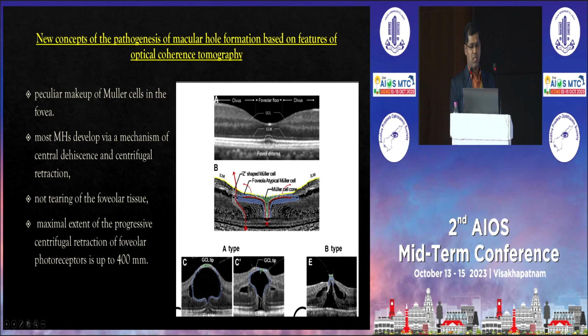The newer concept by SD-OCT tomography: there is a peculiar makeup of Muller cells in the center of the fovea, a Z shape. Most macular holes develop by a mechanism of central dehiscence or centrifugal retraction. There is no tearing of the foveal tissue here. The maximum extent of centrifugal retraction of the foveal photoreceptors is up to 400 microns.